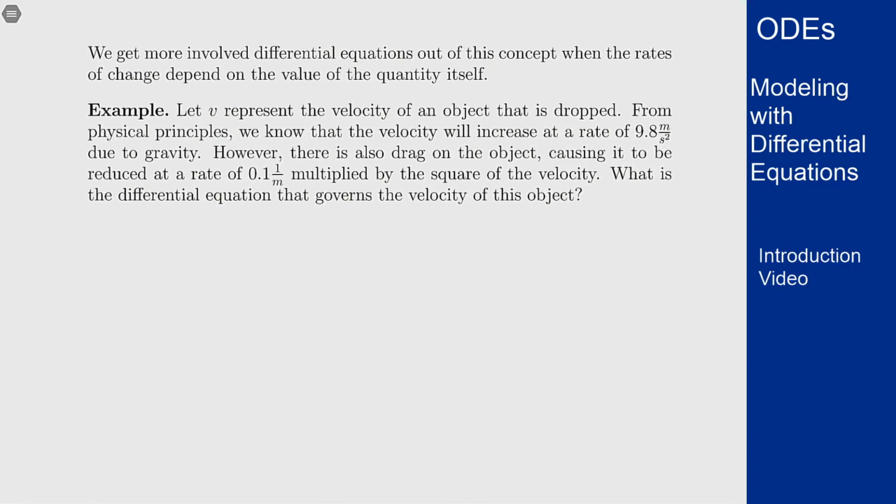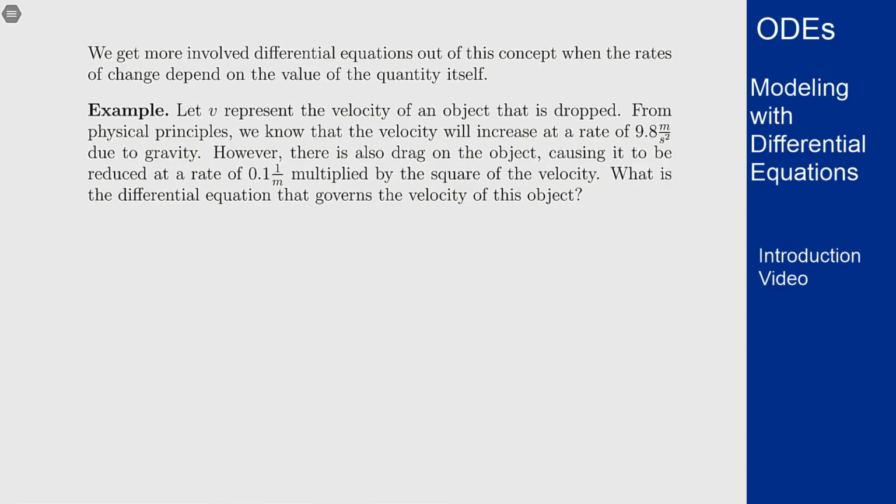So if I have v being the velocity of an object that's being dropped, we know it falls and will accelerate downward due to gravity. We have that acceleration of 9.8 meters per second squared. That's going to pull it down. Or there's also drag on the object, which will reduce the velocity at a rate that is 0.1 times the square of the velocity. So what do we have for a differential equation here?